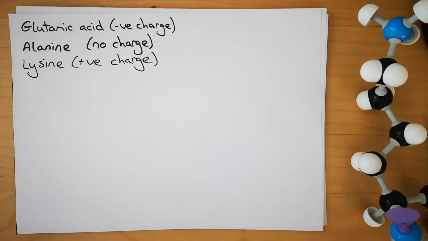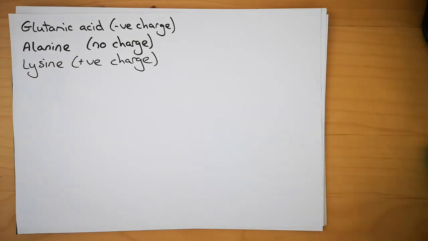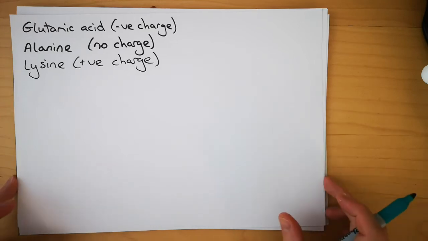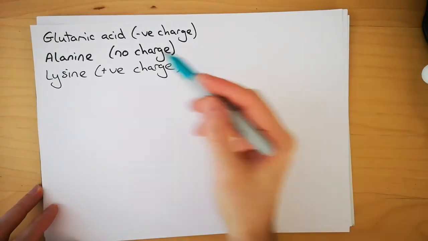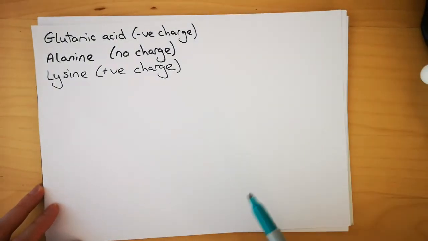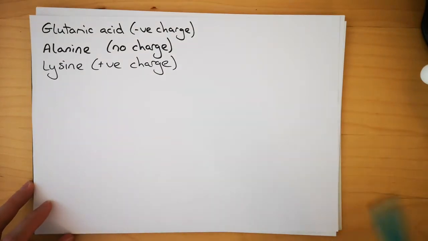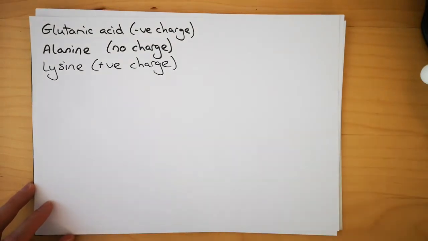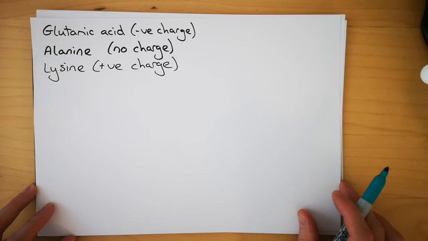You wouldn't get a peptide chain being formed that's this short normally. However, it's going to make the point and make it easy to compute for us. So I'm going to draw out glutamic acid, alanine and lysine, then we're going to bond them together, and then we're going to talk a little bit about what impact that will have.